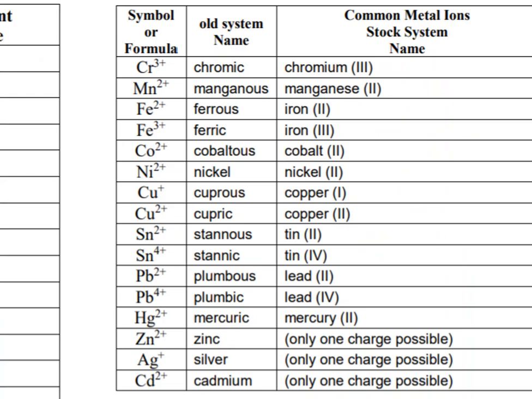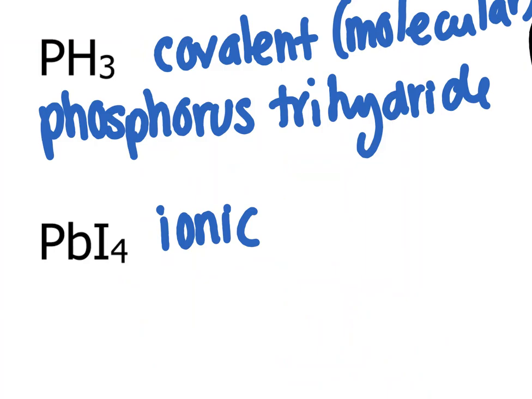Additionally, on your symbols to memorize on the upper right, it tells you these common metal ions, and it is a really good idea to have these in your head. We see that lead can be either +2 or +4. So we need to decide which lead this is. The way we decide what charge of lead this is by looking at the charge of the other things.